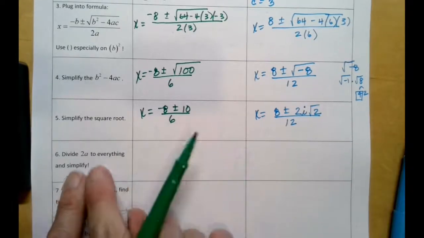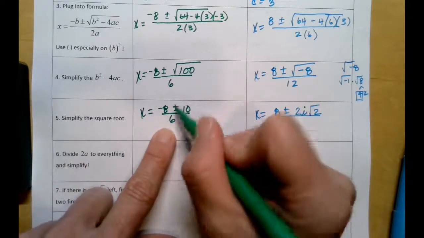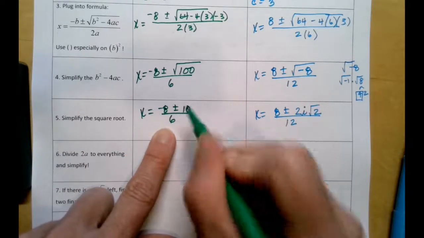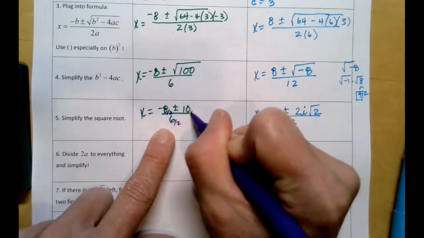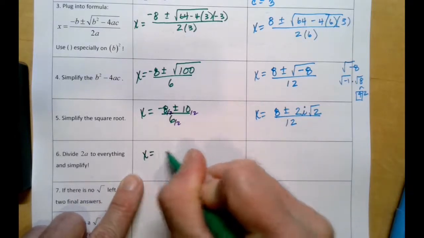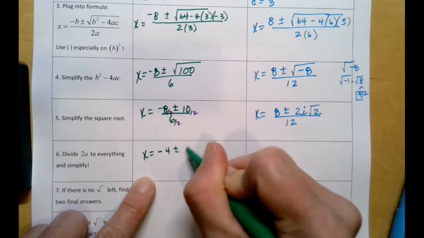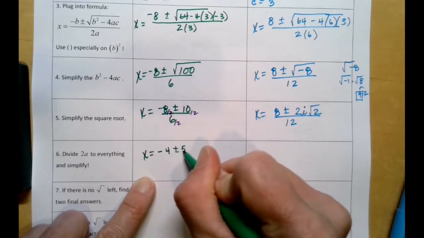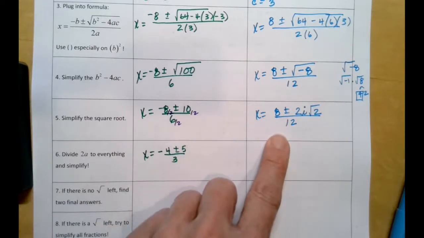All right. So when we look at dividing 2a to everything and simplify, we want to make sure we look at this because we have some friendly numbers. Do you see how everything here can be divided by 2? So what I end up with here is x is equal to negative 4 plus or minus 5 all over 3. Notice same thing happens here.